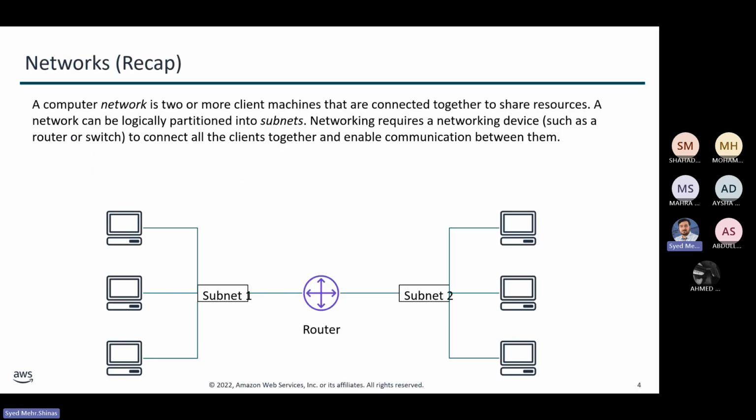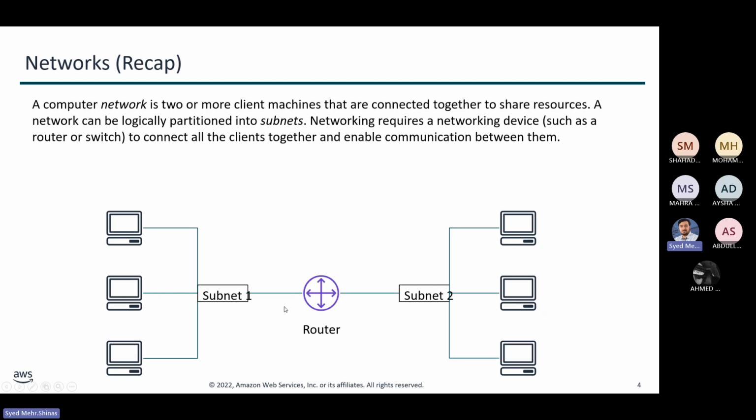As you know, everyone of you already finished network fundamentals. So a computer network is two or more client machines. See here, if these two client machines are interconnected with each other and we share resources, we call it a computer network.